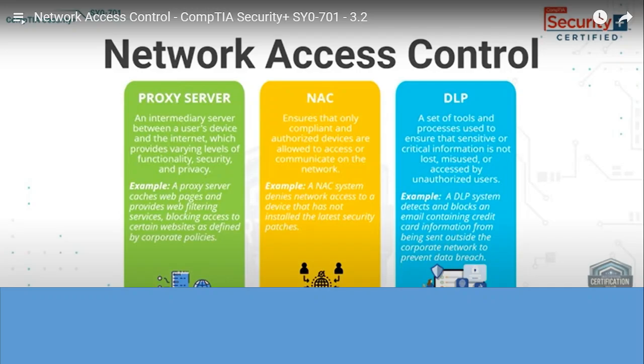A proxy server is an intermediate server between a user device and the internet, which provides varying levels of functionality, security and privacy. A proxy server works like a cache server, caching web pages, and provides web filtering services, blocking access to certain websites as defined by corporate policies.